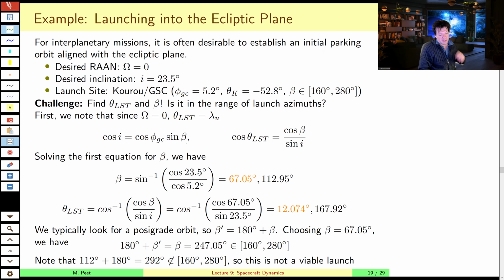All right, so let's put these pieces together with a relatively simple example. This is a launch from Kourou, otherwise known as the Centre Spatial Guyanais, or CSG, because it's French.